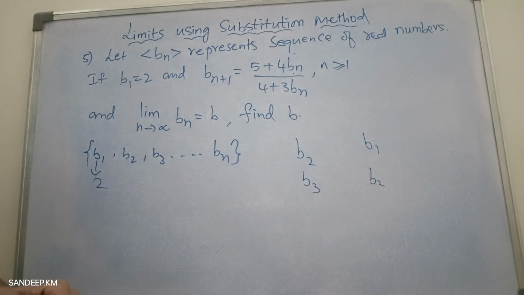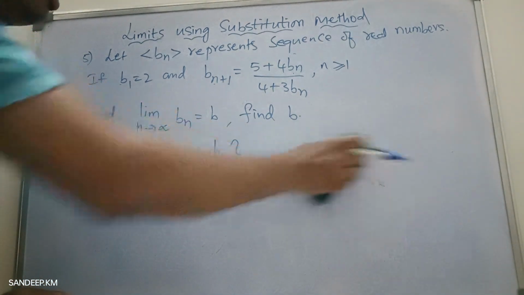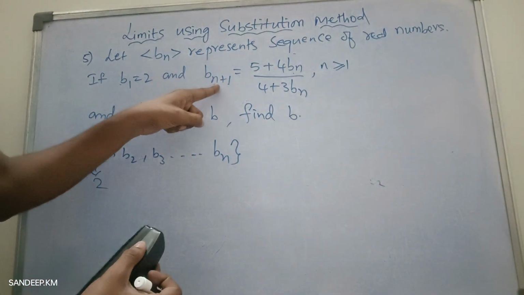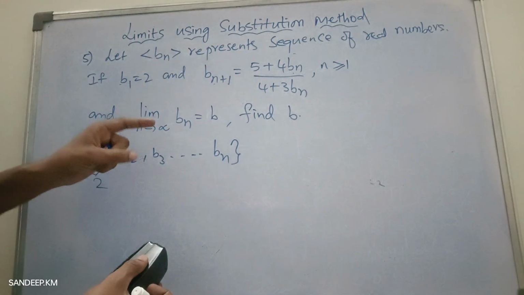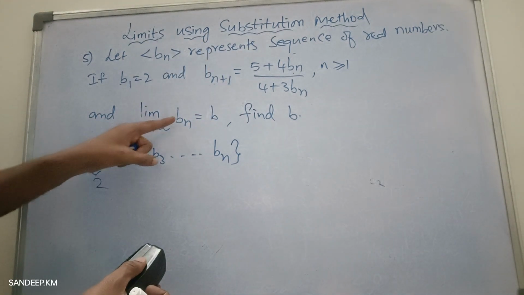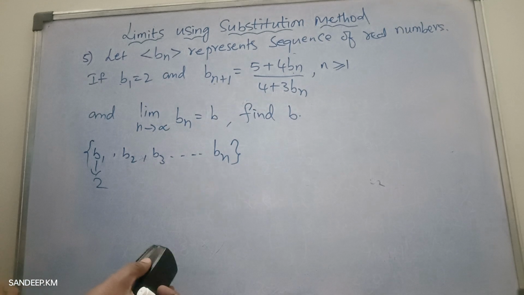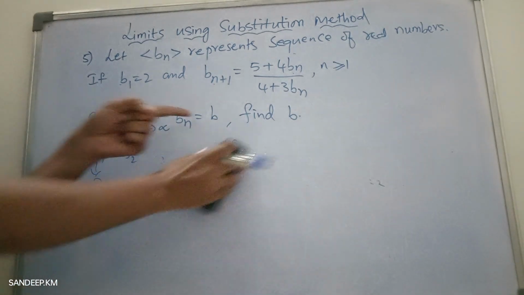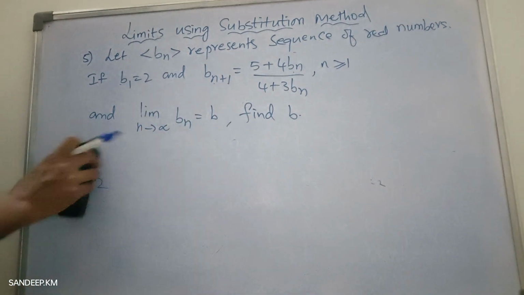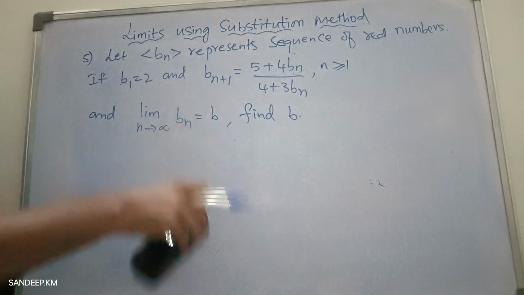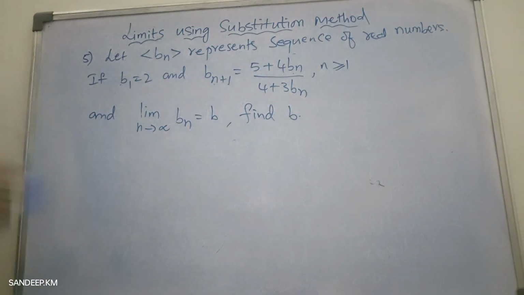Now, they told that B suffix n plus 1 is given by this formula, and at the same time limit n approaches infinity, Bn is equal to B. We are supposed to find the value of this B, which means we are supposed to find limit n approaches infinity Bn. Dear students, understand one thing while solving the problem.